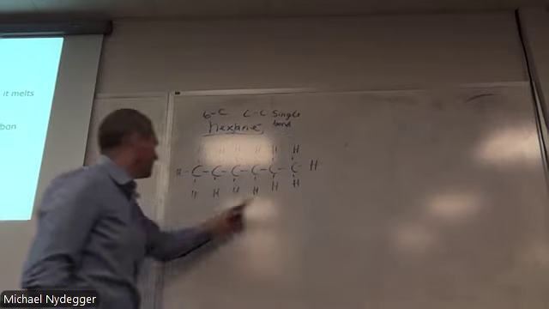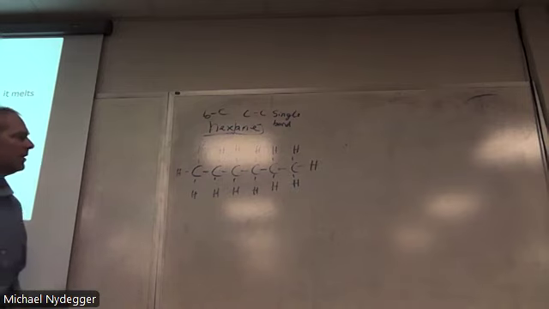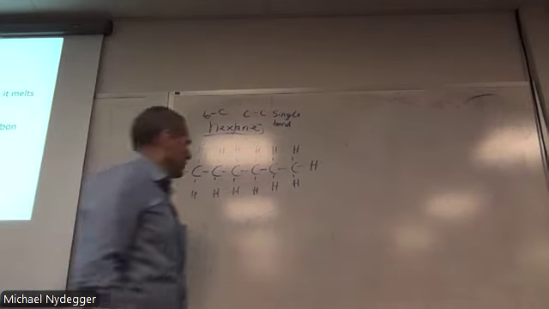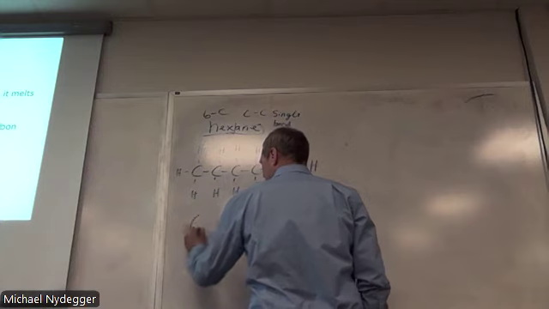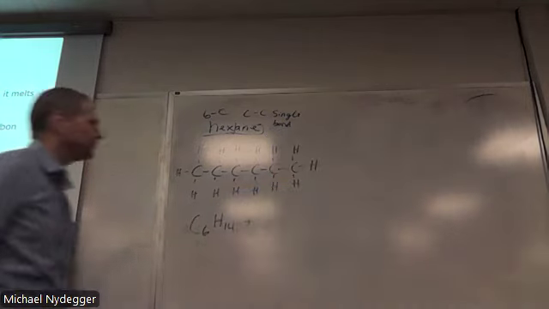If you count the hydrogens, there's 6 and 6, that's 12, and 2 more is 14. So that's what it looks like. Or we could write C6H14, which probably looks a lot better.